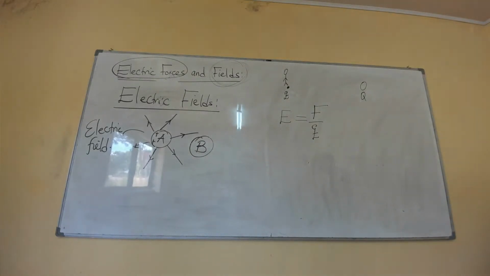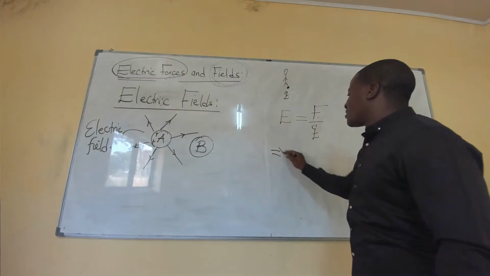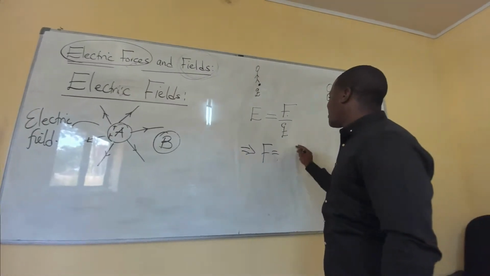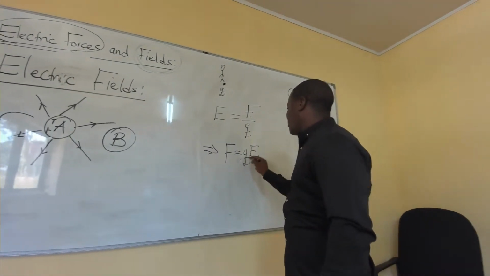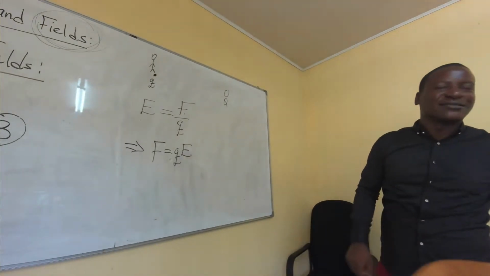What does that mean? This entails that when you make this the subject of the formula, straight away this implies that F is nothing but qE, which is what?